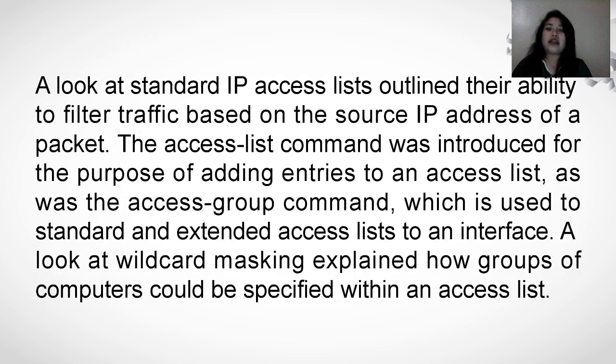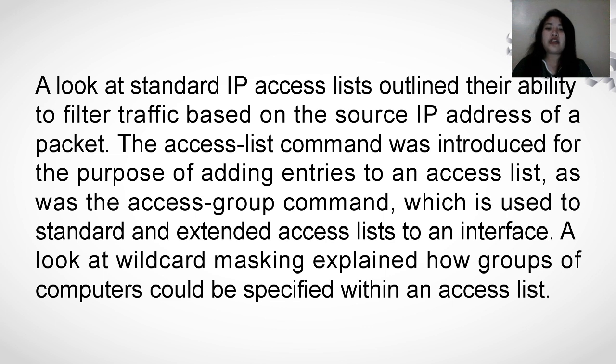Then, a look at standard IP access lists outlined their ability to filter traffic based on the source IP address of a packet. The access-list command was introduced for the purpose of adding entries to an access list, as was the access-group command, which is used to apply standard and extended access lists to an interface.